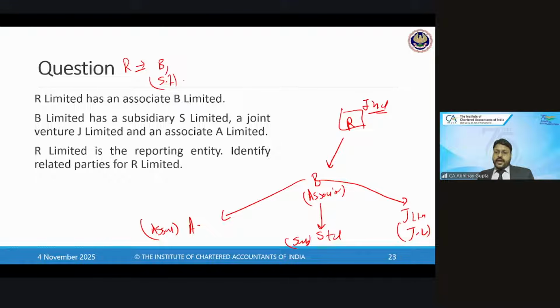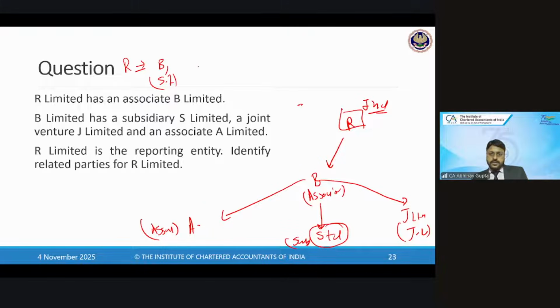Now, the associate has a subsidiary S Limited. Is S Limited a related party for R, yes or no? Yes, sir. Why? Because it is a subsidiary of a significantly influenced entity. R Limited has significant influence over B, so B's subsidiary is also covered.